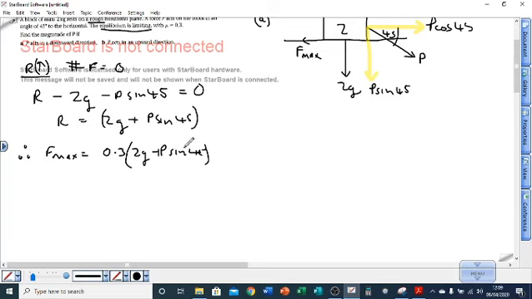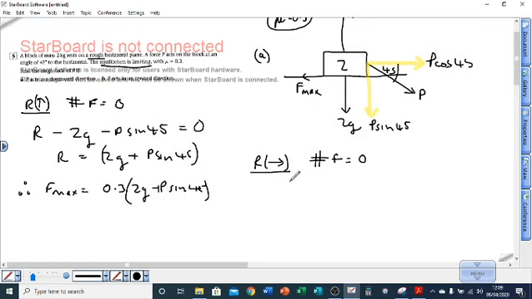Just underneath, resolve in a horizontal sense, we'll say that that is positive, and we're using again net forces is equal to mass times acceleration. Limiting equilibrium means you're not moving, so it is equal to 0. So you've got P cos 45 positive, and its only opposition is F max, so minus F max, which we know is this, but I can't be bothered to write all that out, so I'm just going to write F max, and that is equal to 0.